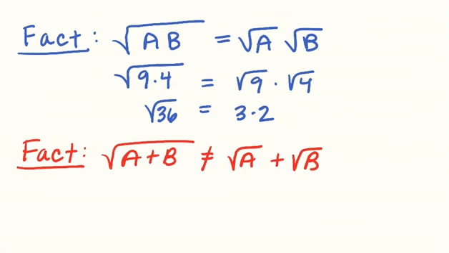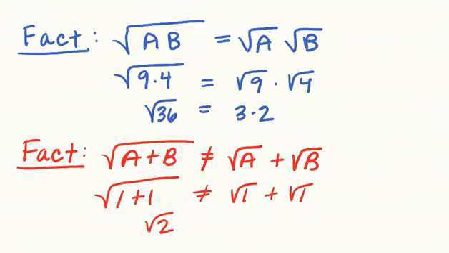Let me demonstrate why this is not true. The square root of 1 plus 1 is the square root of 2, but look at the square root of 1 plus the square root of 1. The square root of 1 is 1, so this is 2. The square root of 2 is not equal to 2. We know the square root of 2 has got to be less than 2. So avoid that if at all possible.